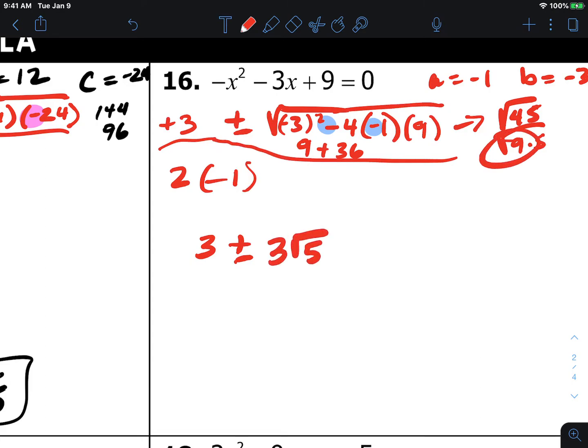Where am I getting that again? From that 9 up there. That 3 came out. 5 prime, radical, single, no twin, all over negative 2. Now, you could split up the fraction at this point and say, will that work?